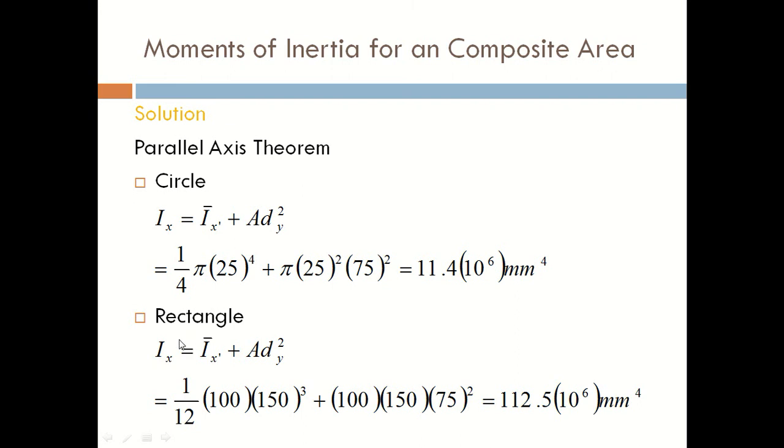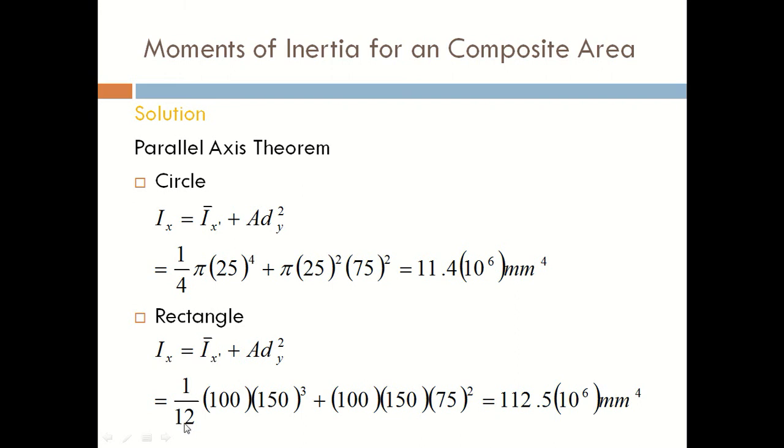Now we'll see for the rectangle, Ix, the moment of inertia of the rectangle about the x-axis, is equal to the moment of inertia of the rectangle about the central axis plus area multiplied with distance square. The distance is the same. We have already seen bh cube by 12 for the moment of inertia of the rectangle about the central axis.